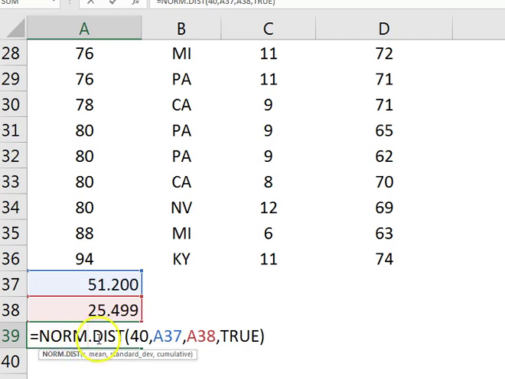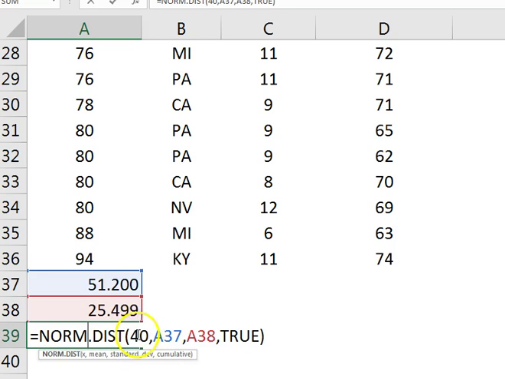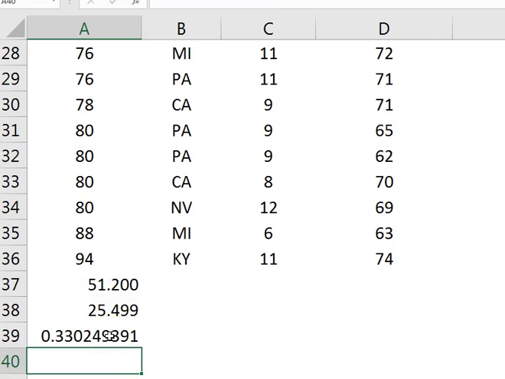And so the formula in Excel is norm.dist, and you put the value you're trying to find the probability for, and then you type in the mean and then the standard deviation, and we always type in true here, and what that gives us back is the probability of a data value being at 40 or even further left, further less than 40.